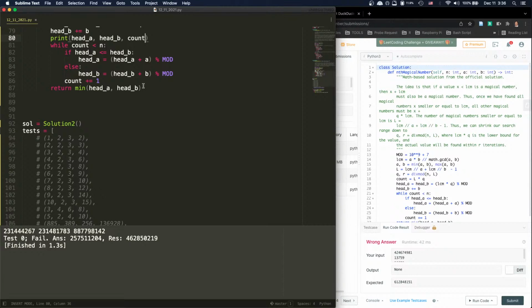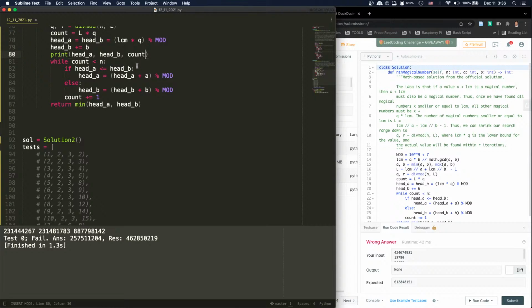So I'm modding these two, right? I'm modding these two. Oh, I'm modding these two. Are you telling me we should not mod?